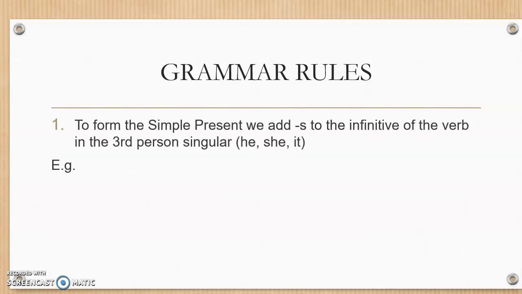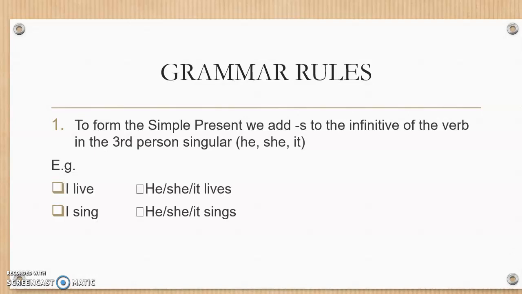To form the simple present, we add s to the infinitive of the verb in the third person singular: he, she, it. If you're talking about your friend, he, she, or it, you have to add s at the end of the verb.